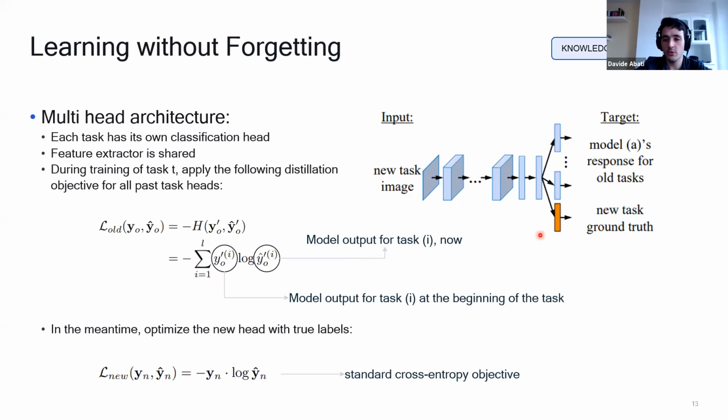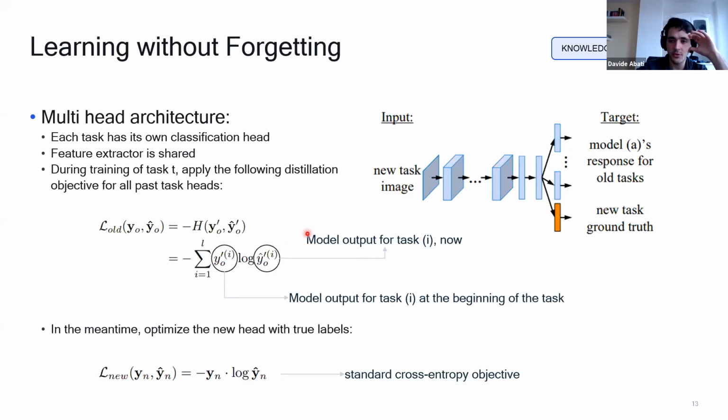So we want to train such that the responses over past heads don't change much. I hope it makes sense. This is done with a cross entropy objective on the new head and a distillation objective, which is still a cross entropy, over the previous heads. This is the knowledge distillation approach.